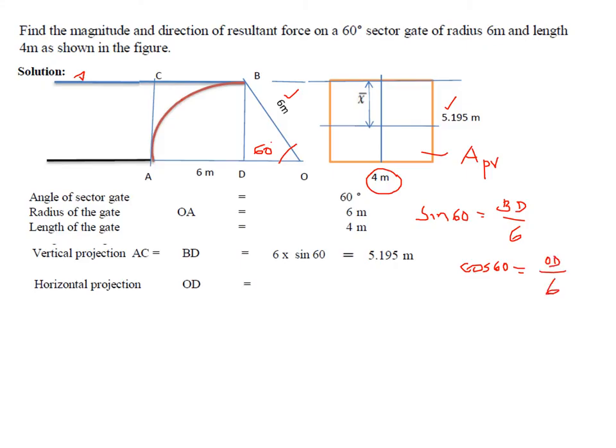So 6 cos 60 is 3 meters. That will enable me to calculate AD. Why do I need all these things? To calculate this area. I can take the entire area ACBD minus, or I can calculate the area of a sector minus the area of a triangle. Something like that.